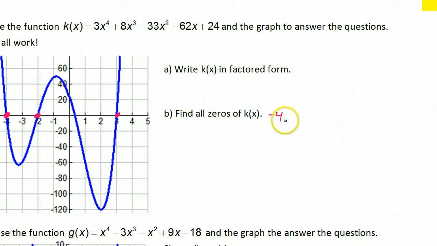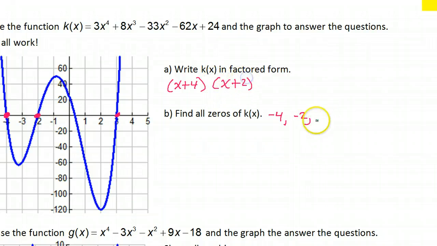We have a zero at -4, that means we have a factor of x plus 4. We have a zero at -2, which means we have a factor of x plus 2. And we have a zero at 3, which means we have a factor of x minus 3.